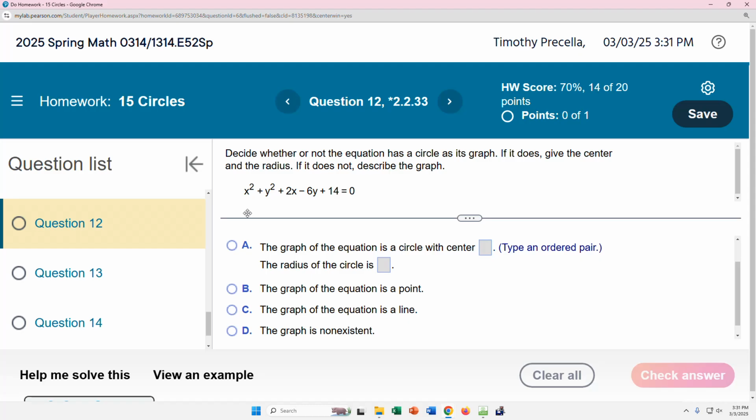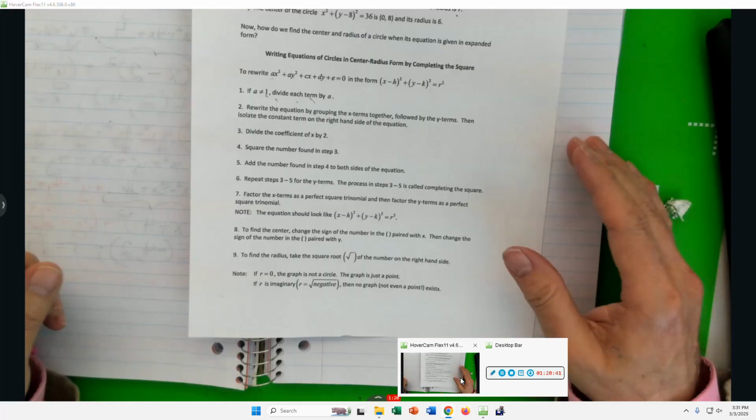But those x squares and y squares guarantee that it's not a line. I think they just wanted 4 options there. That's why they have that option that the equation is a line. But we know it's not going to be a line. Why don't you refer to that little thing? Look back over here. Zoom in a little bit.